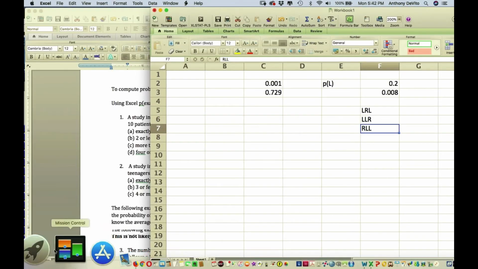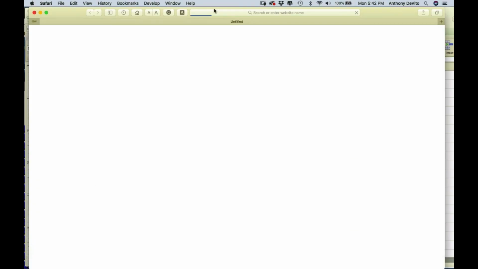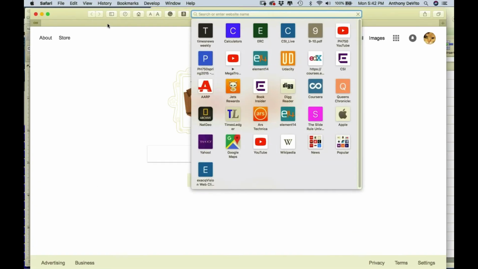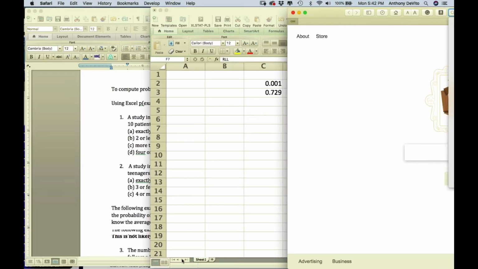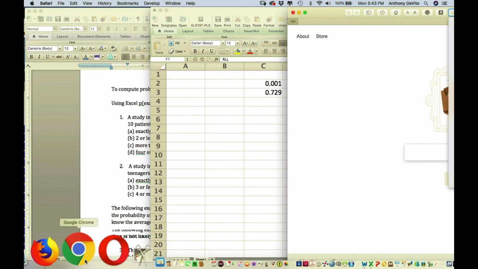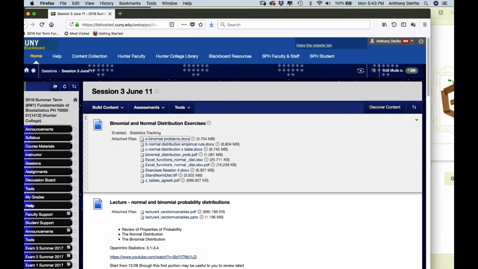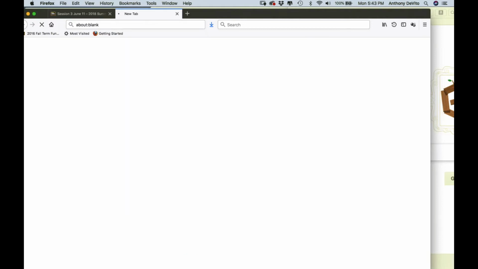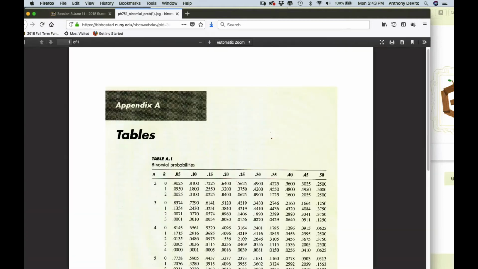Now, let me see if I can find a formula quickly. I don't think I have it handy on Blackboard. Maybe I do. Let me take a quick look. Let's see. Standard normal, binomial distribution problem. Maybe it's in here.